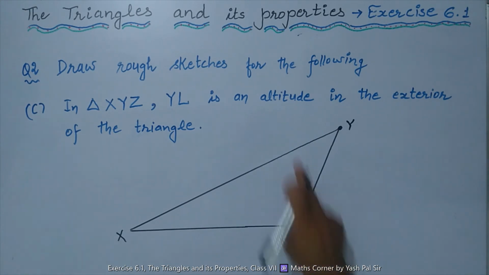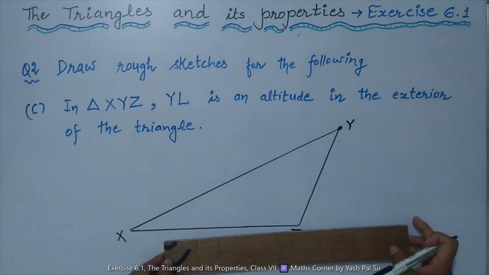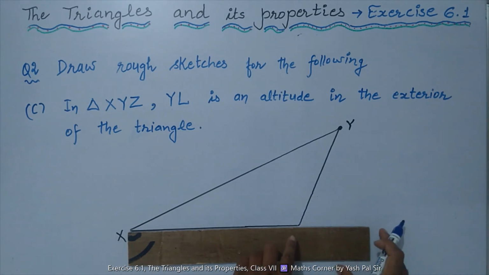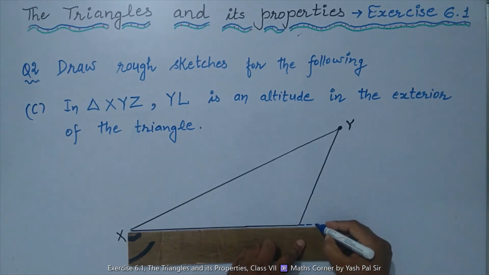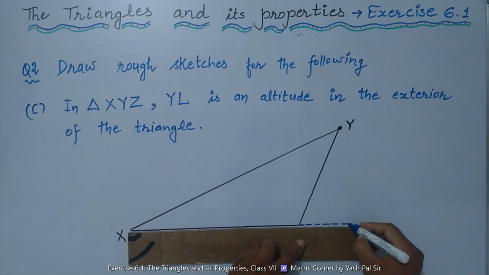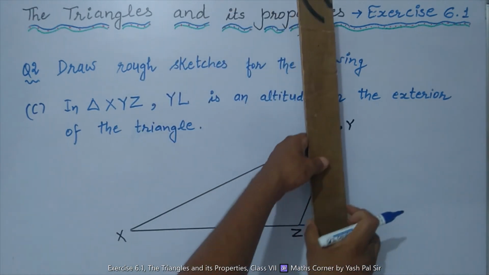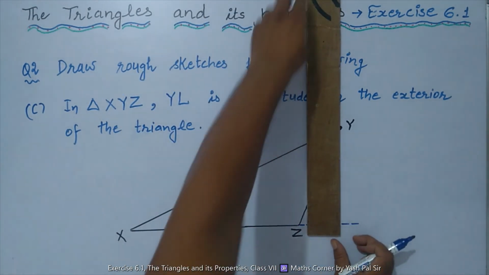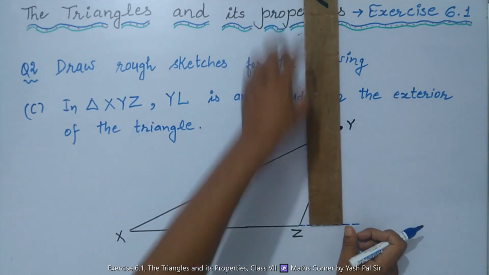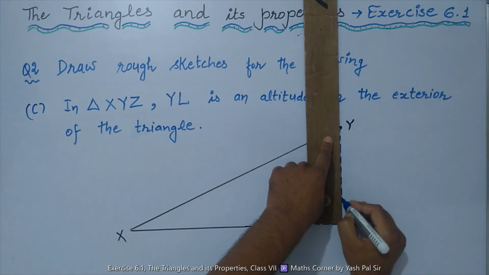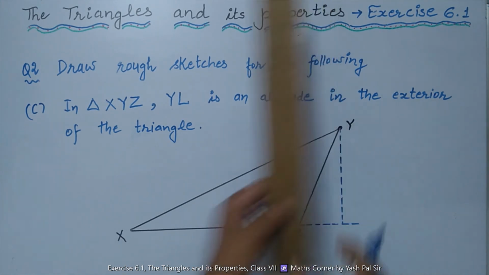YL is the altitude. So what we do? We extend this side XZ this way. We are going to extend this side. This is the way how we extend the side. Okay, we join the side XZ and extend it this way. Now from here, from Y we draw the perpendicular this way. We draw the perpendicular, right?